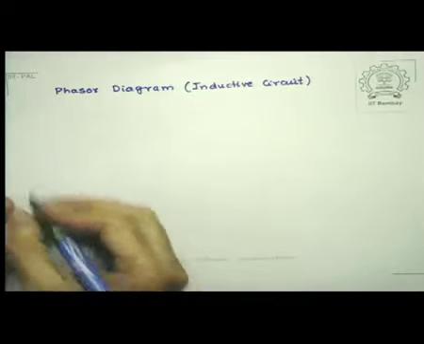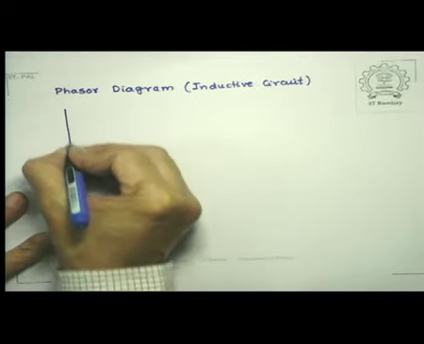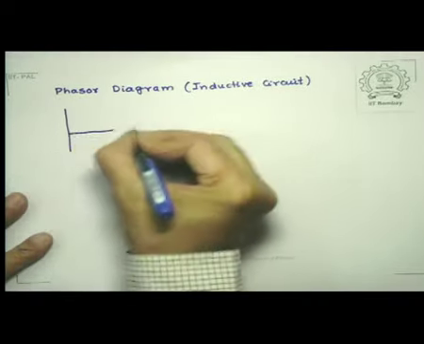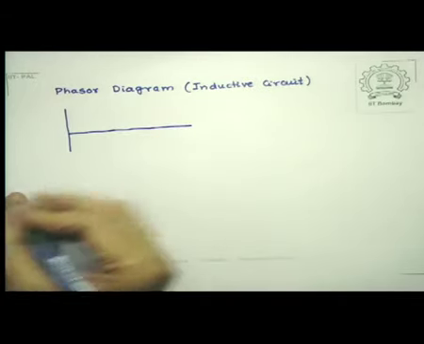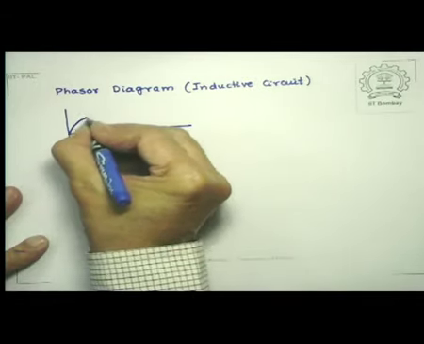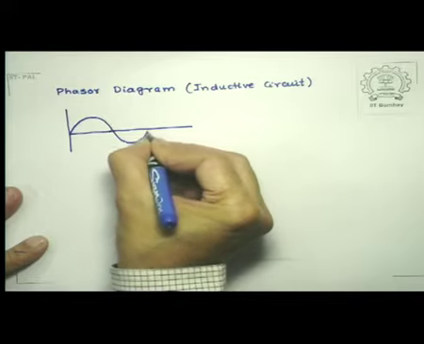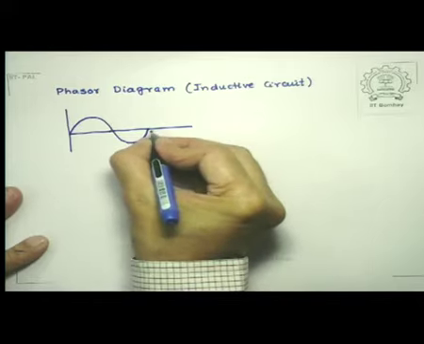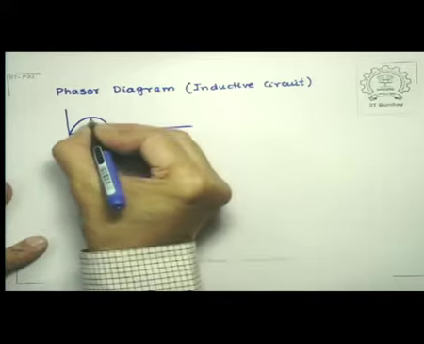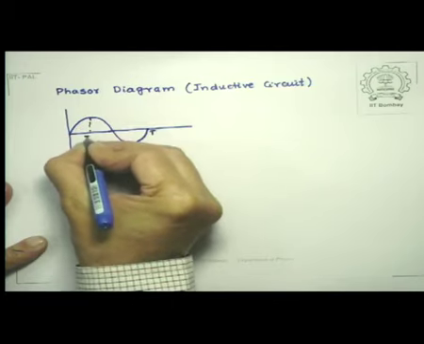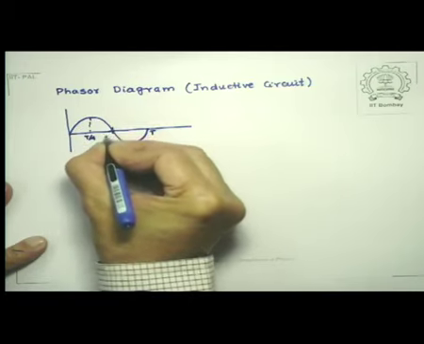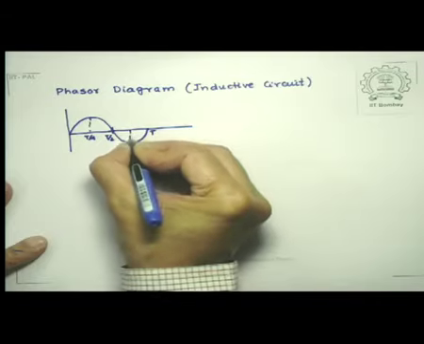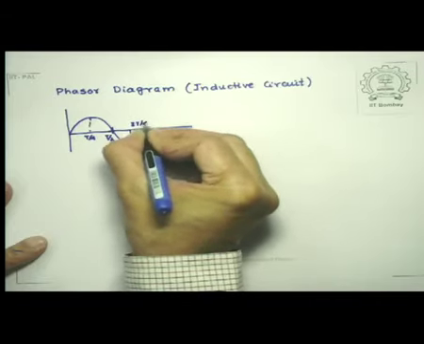Let me, for reference, reproduce the current and the voltage curve. Remember, this was my voltage. This is my time t, and this is time t by 4, t by 2, 3t by 4, and of course time t equal to 0.